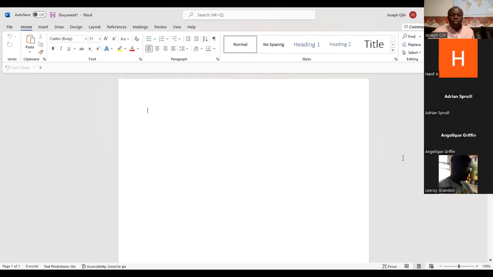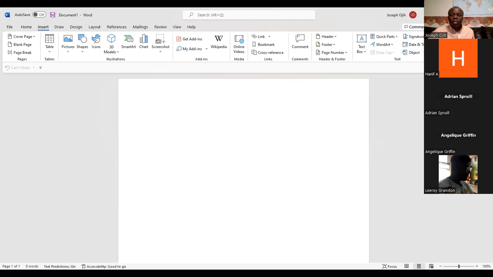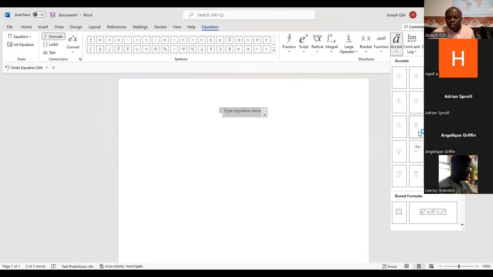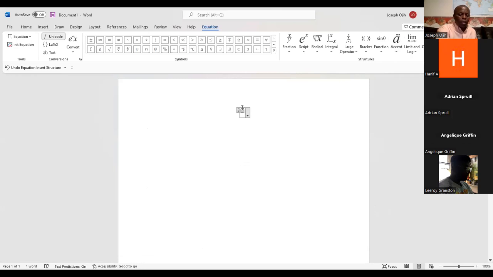So we have the sample mean, x bar. I'm going to make this look big so I can see it very well.